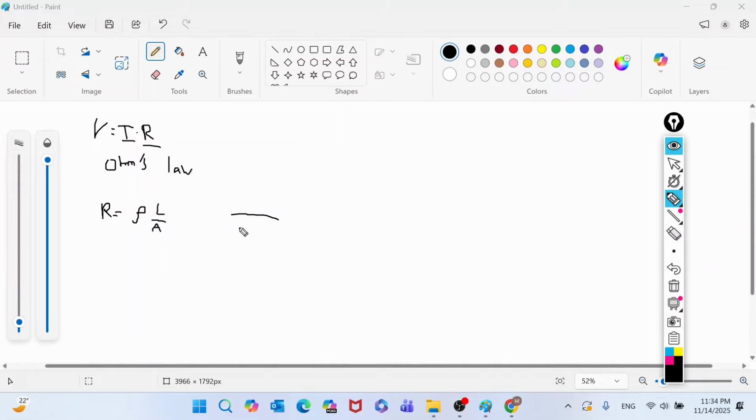Let's say this is a wire. The cross-section area is if you cut it like this, that's going to be the area. You know the area of a circle is pi r squared. They might just give you the area. So the resistance is the constant times the length of the wire over the area. Okay.